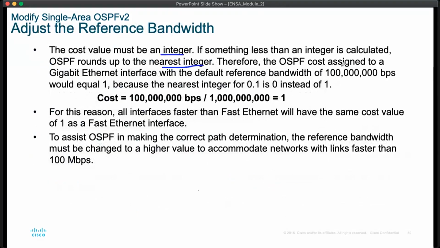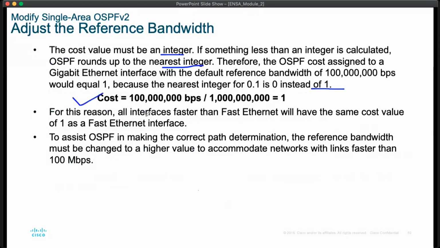Therefore, the OSPF cost assigned to a Gigabit Ethernet interface with the default reference bandwidth of 100 million bps will equal 1, because the nearest integer of 0.1 is 1 instead of 0. So this is the calculation.